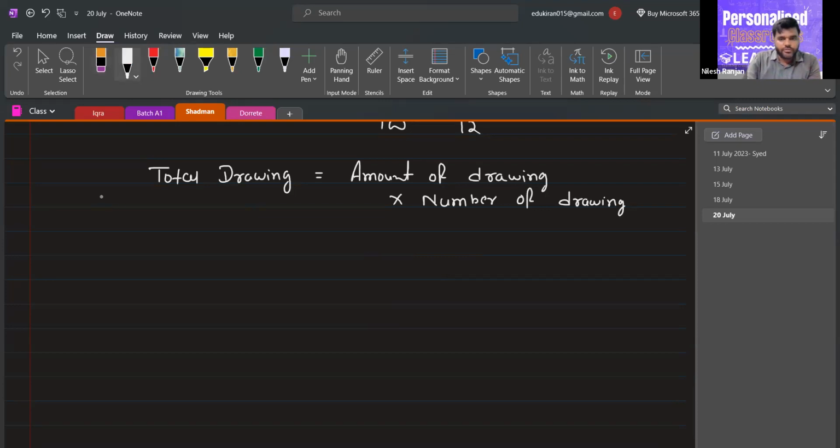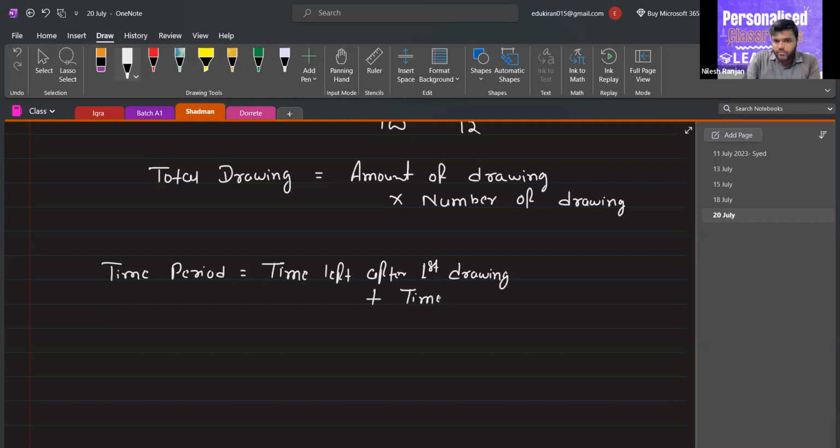Now, the 6.5, 5.5, and 6. So how will we calculate the time period? There is a formula: time left or balance time after first drawing plus time left after last drawing, divided by 2.